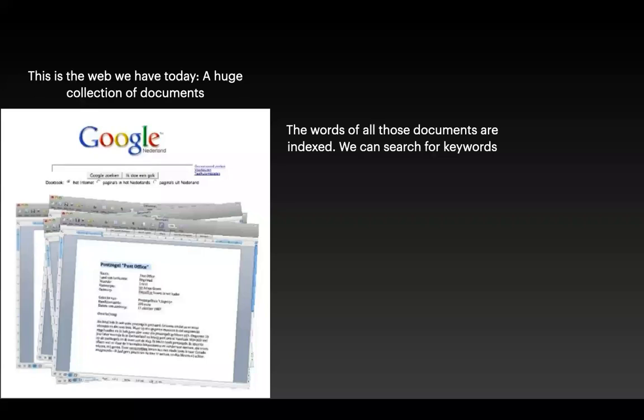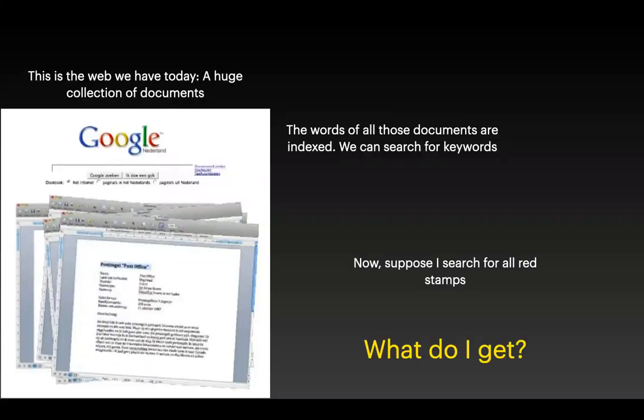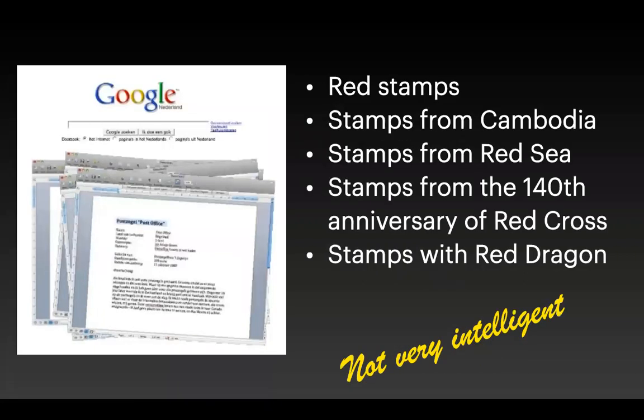This is a major thing in Web 2.0. We will be searching with the help of keywords. Now, suppose I search for all red stamps. What will I get? I'll get red stamps, stamps from Cambodia, which is also red, stamps from the Red Sea, stamps from the 140th anniversary of the Red Cross, stamps from Red Dragon. All the stamps are irrelevant.